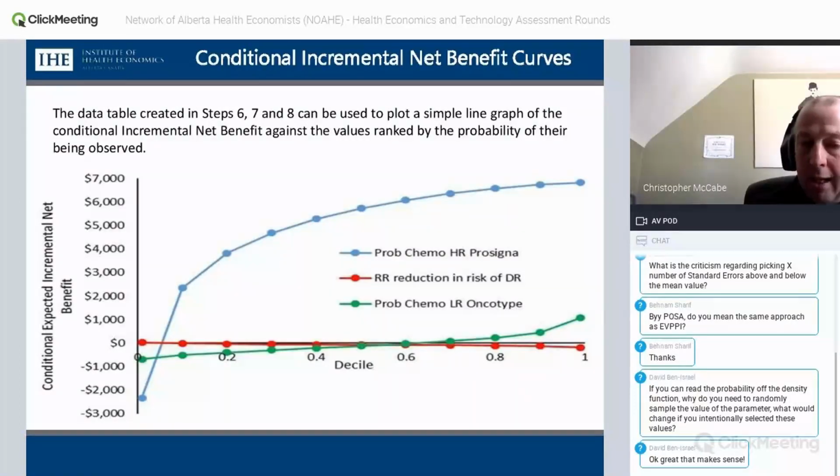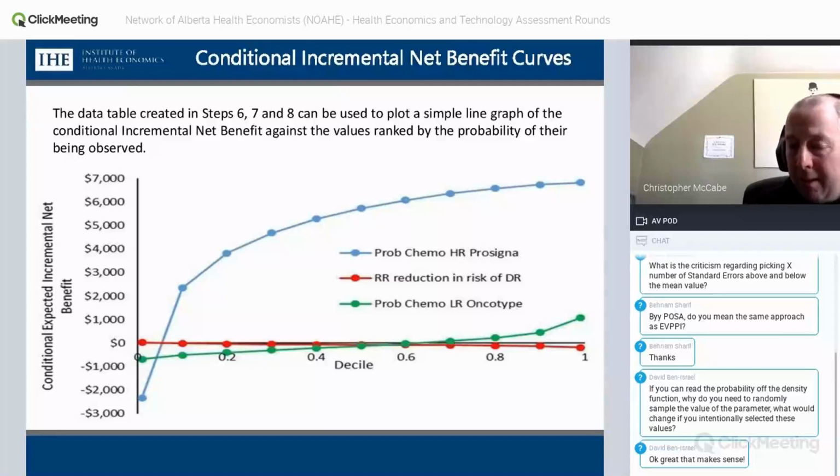And then the third line is the probability of local recurrence for those patients who get chemo after having an Oncotype test. Whilst the net benefit, both positive and negative, doesn't go very high above or below, there is a reasonable probability that you could go from the reference case, which is just cost effective, to saying actually this is not cost effective.